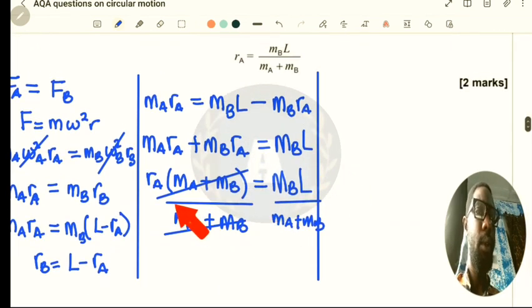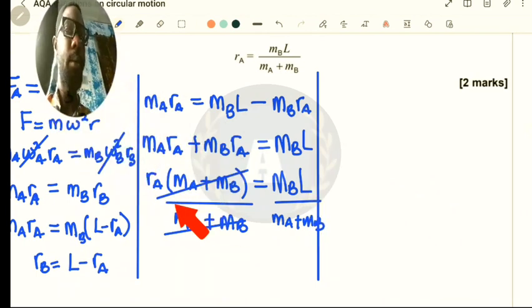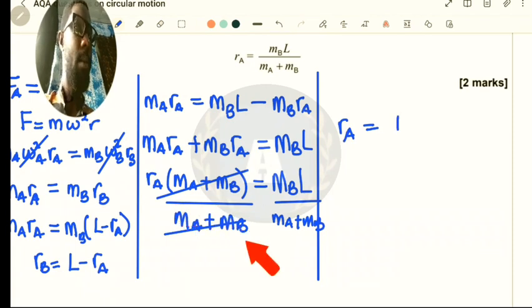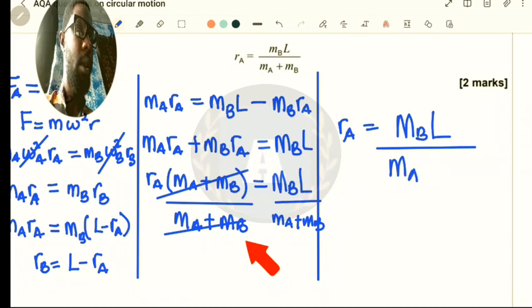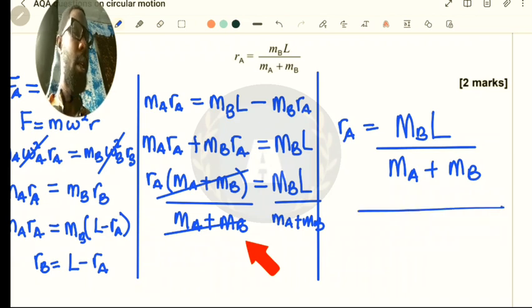So we are left with RA equal to MBL all over MA plus MB. Okay, that has been shown.